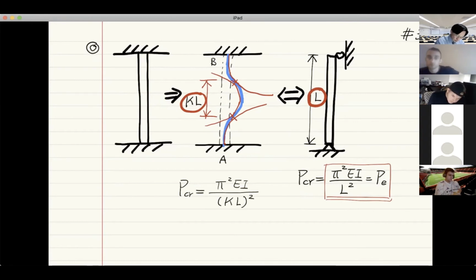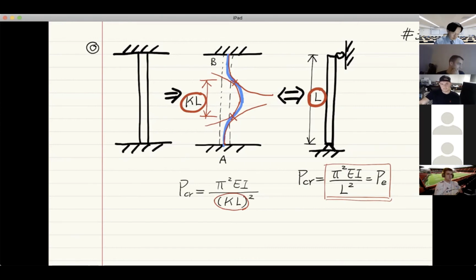So the approach that we are still using today is to use this concept to adjust the length of the column to the level that you can reconsider the boundary condition. Because the reason why these two are not the same is because of boundary conditions.